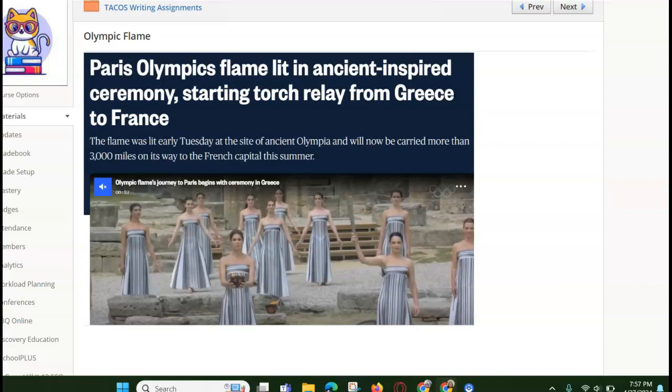The flame was lit early Tuesday at the site of ancient Olympia and will now be carried more than 3,000 miles on its way to the French capital this summer. So, this is marking the start to the Olympic Games for 2024 summer. So there is the picture that we will be working on for our TACOS writing assignment.